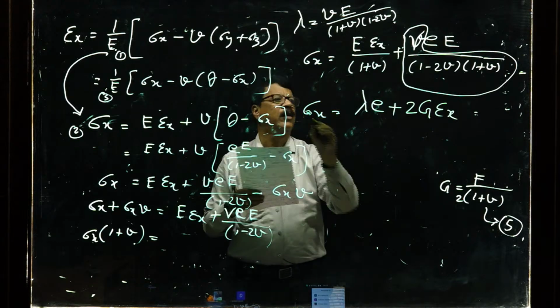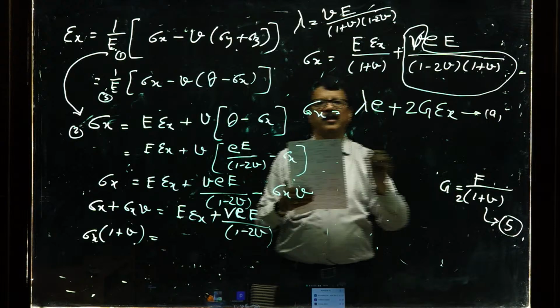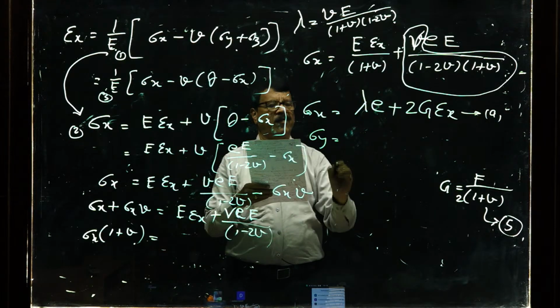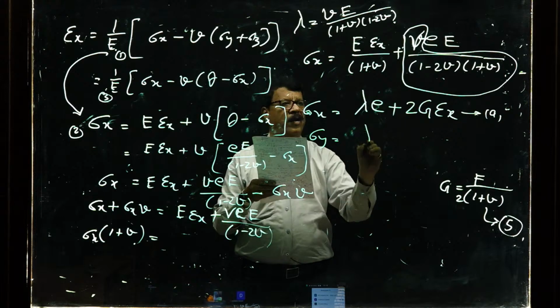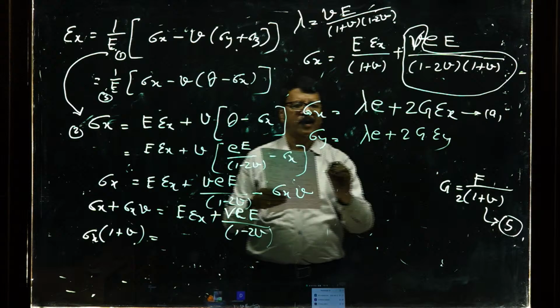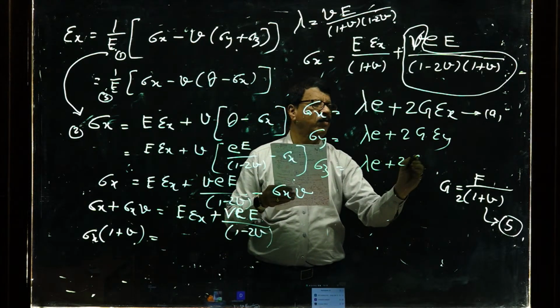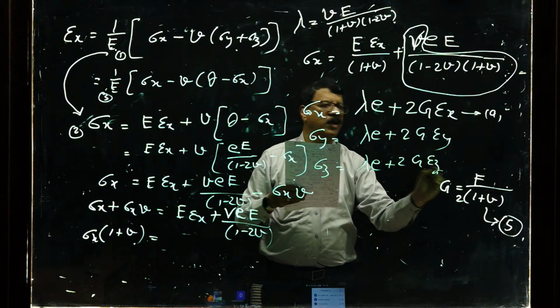This is the equation A. Similarly, you can write sigma y is equal to lambda e plus 2 G e y, sigma z is equal to lambda e plus 2 G e z.